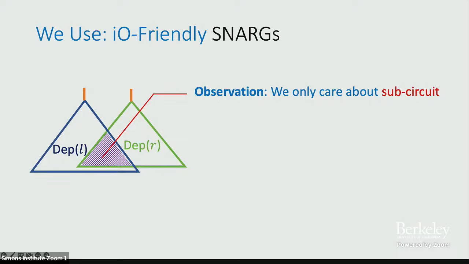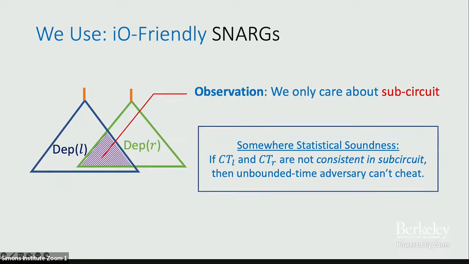Because at any time in the hybrid argument, we only change the gates in this subcircuit. So we will use a SNARG with an additional soundness property called somewhere statistical soundness, which says that if capital CT_L and capital CT_R are not consistent in the subcircuit, then even an unbounded time cheating adversary cannot find an accepting proof. And in our work, we construct such a SNARG from the recent work by CGG21.